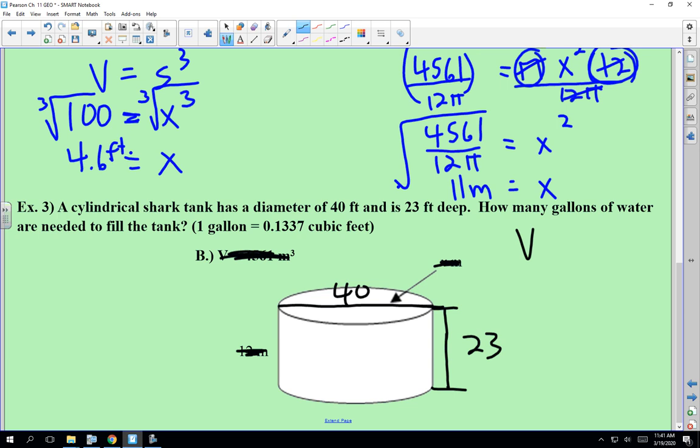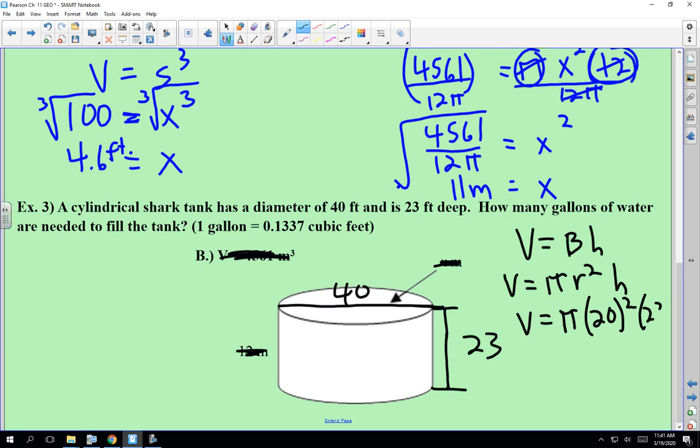So we got volume equals base times height. So volume equals pi r squared times height. So volume equals pi. The radius is half the diameter. The diameter is 40. The radius is 20. And the height is 23. So that'll give us our volume in cubic feet. It's a big number here. So there we go. Back to the calculator.